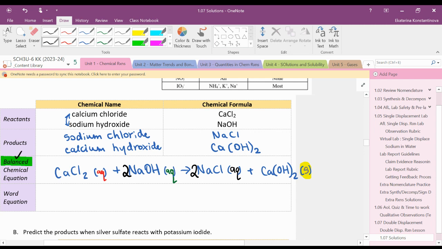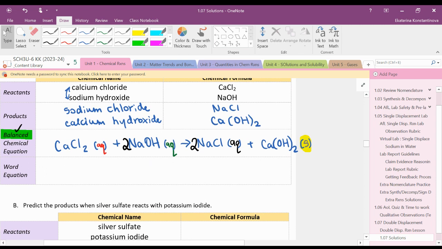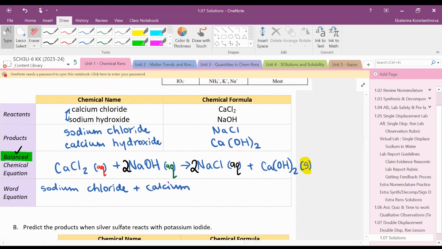Okay. Now let's do our word equation. We have sodium chloride plus calcium hydroxide. Sorry, I keep looking at the products chart.